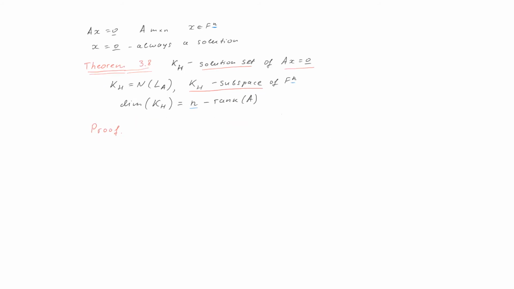The theorem consists of two statements, 1 and 2, and the proof of each of them is in fact one line. We will start with 1, and 1 actually follows directly from the definition of the kernel. Recall that the transformation LA from Fn to Fm is just a left matrix multiplication, and then if we write the kernel of LA, we can write that the kernel consists of all vectors s in Fn such that As is a 0 vector.